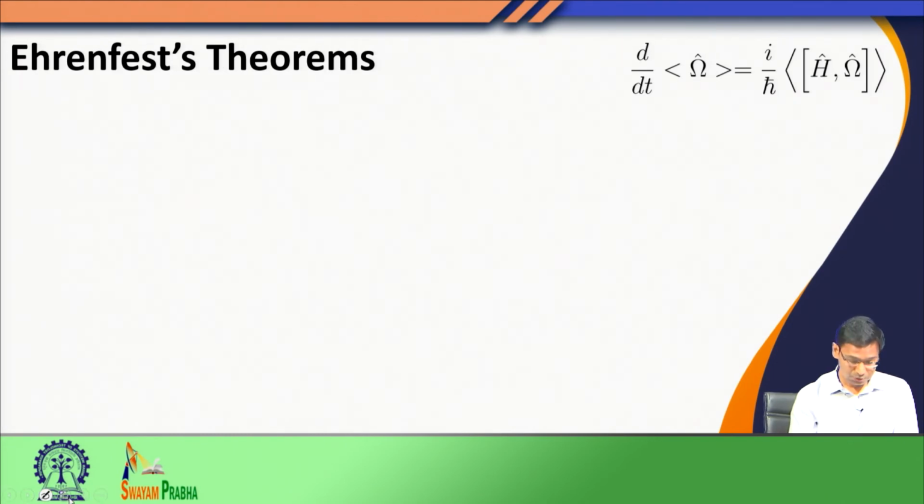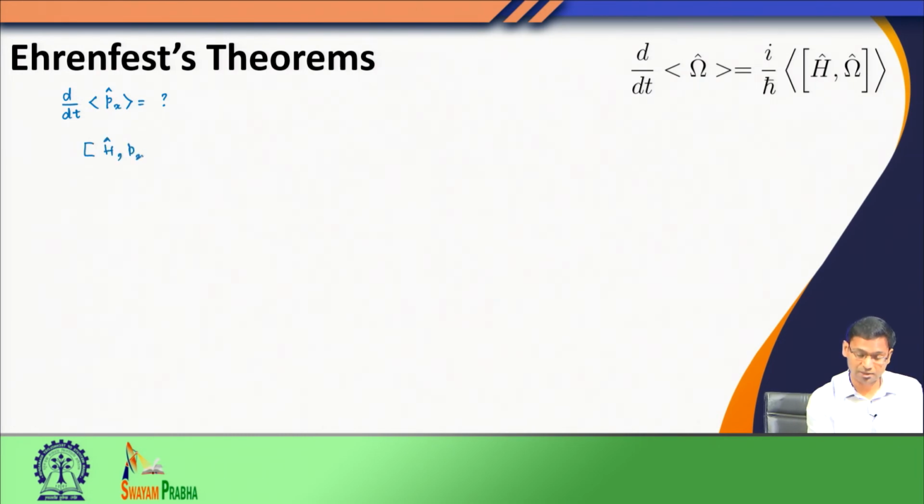Now, we will use the relation that we derived in the previous slide and find out the time evolution of the expectation value of the linear momentum operator. This is my omega. I would first evaluate the commutator between the Hamiltonian and the linear momentum.